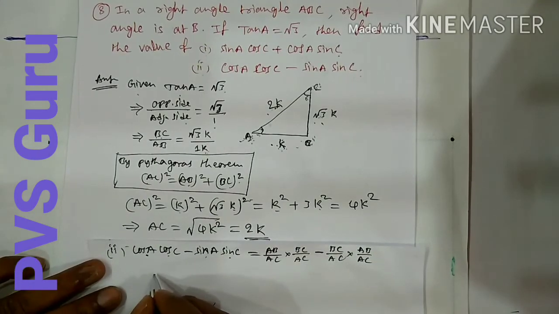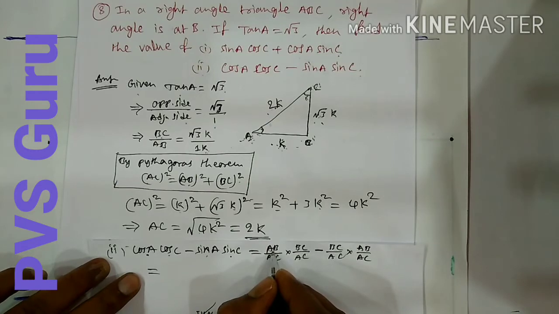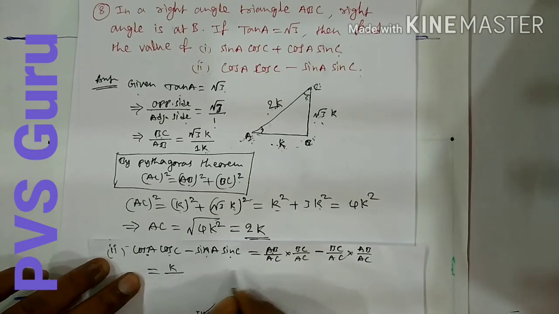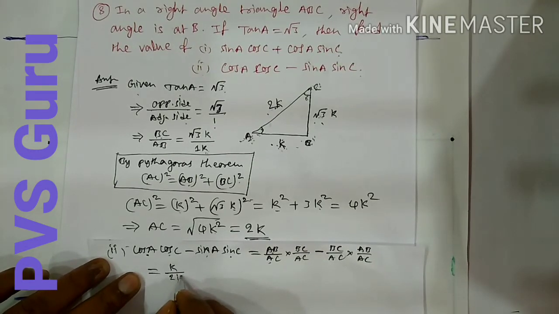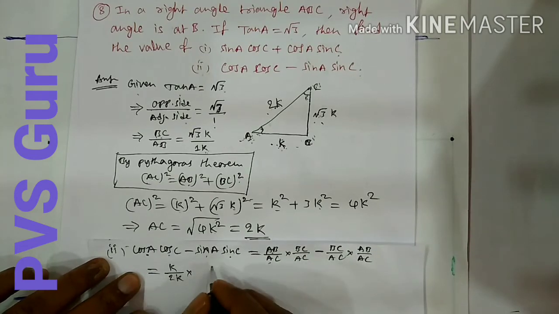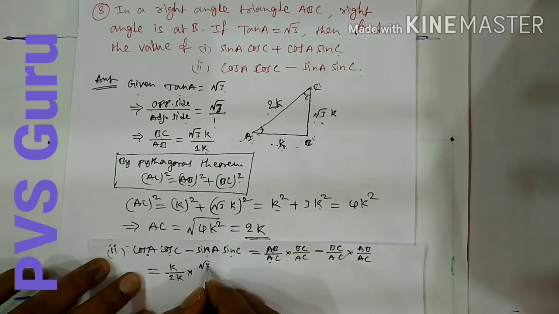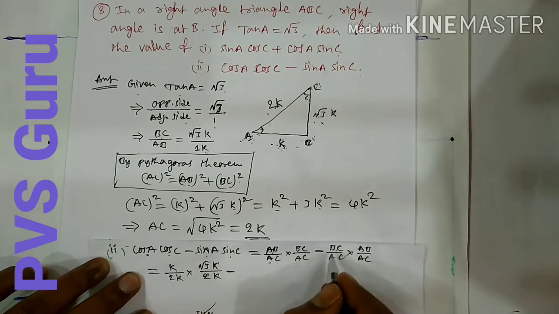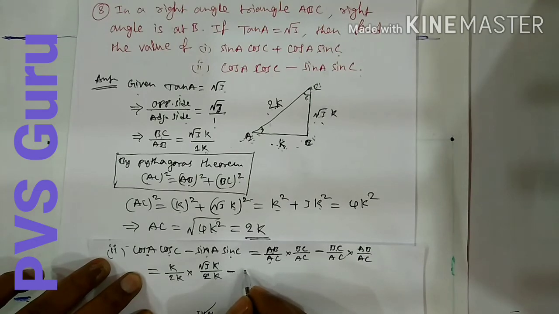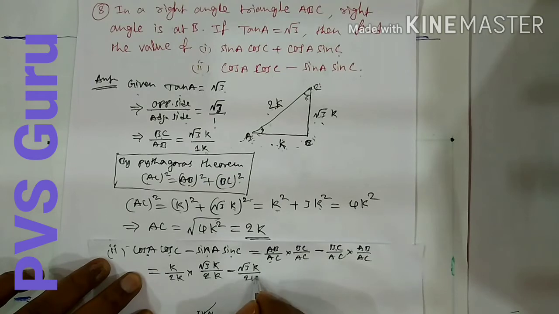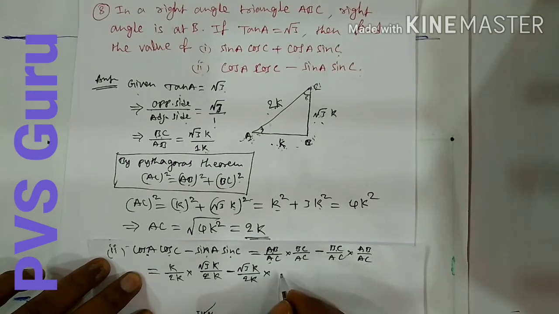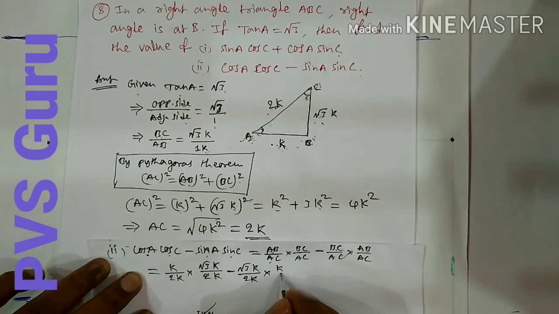Now write the values. AB value is k, AC value is 2k, into BC value is root 3k, over AC value 2k, minus BC value root 3k by AC value 2k into AB value k by AC value 2k.